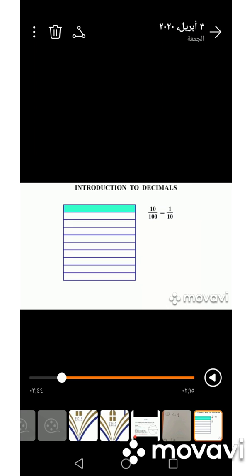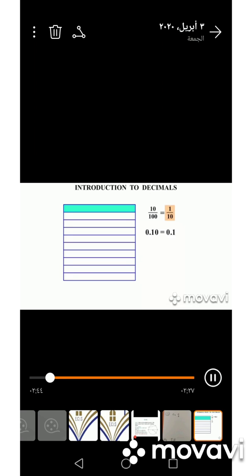Can we write them as equivalent decimals? Yes, we can. 10 hundredths equals 0.10, and 1/10 equals 0.1. It's a rule now. 10 hundredths equals 1/10.